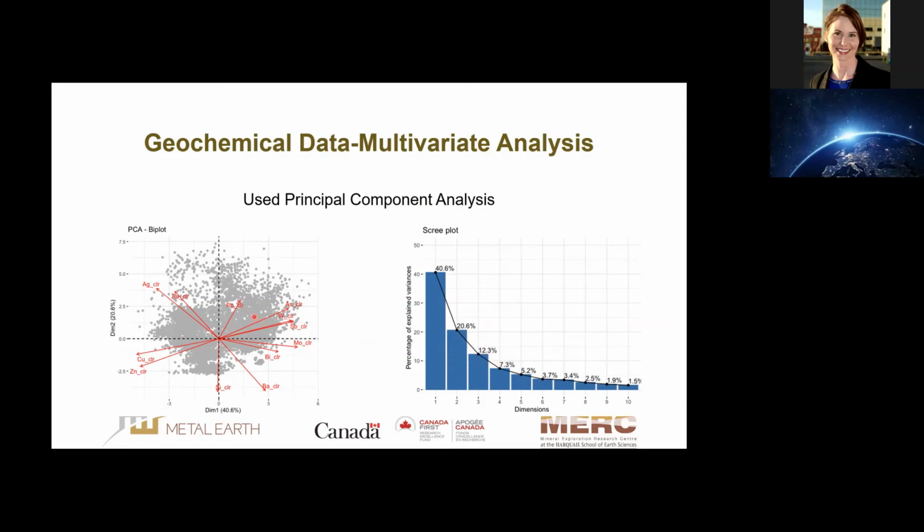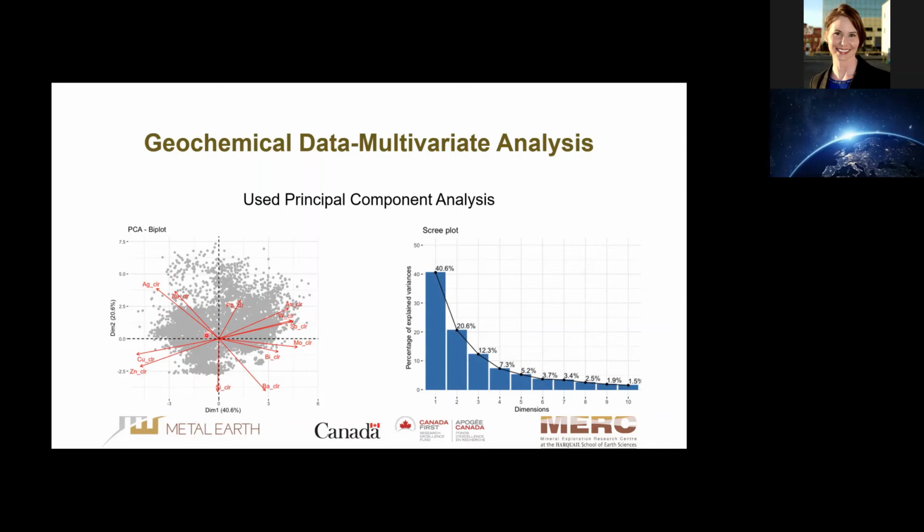We can also do biplots, and we saw some of this yesterday, where we can plot PCA 2 or component 2 against component 1, and we can look at the influences of each of our input elements. For example, looking at principal component 2, we get what looks like a gold and silver component.